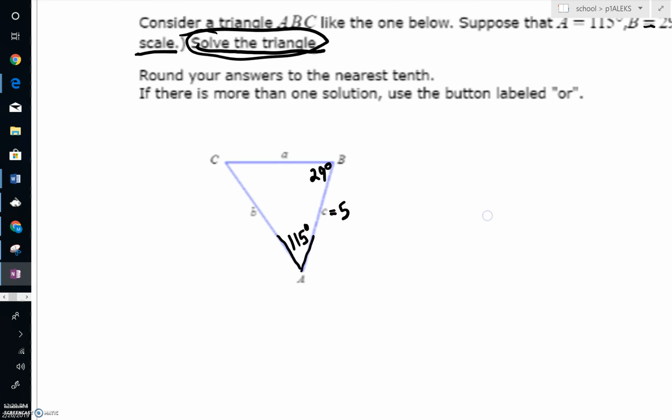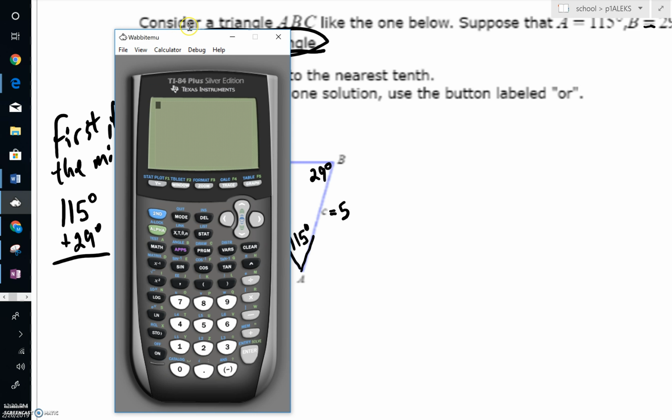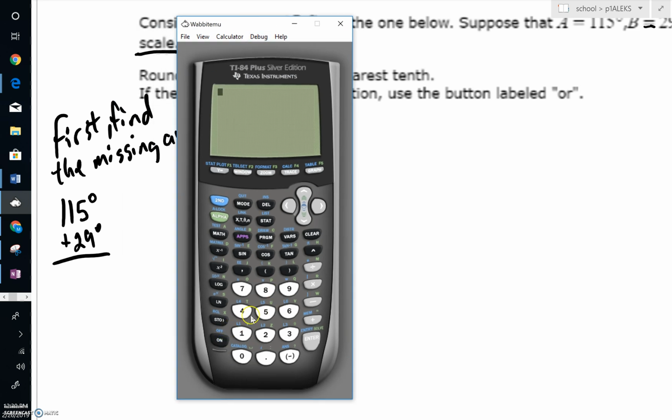So here's what we do first. You first find the missing angle. Always. And it's not going to take you too long. You should remember that the three angles of a triangle add up to 180 degrees. So I'm going to take 115 plus 29 degrees. You could definitely get your calculator out so that you don't do a silly arithmetic mistake.